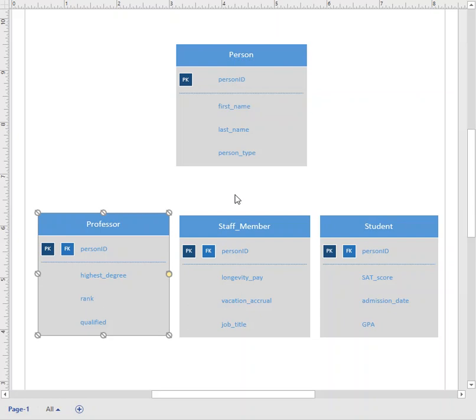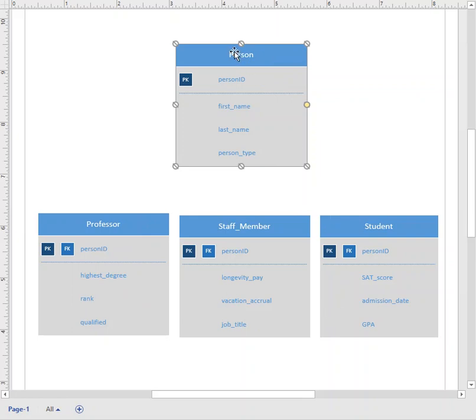And one other thing I want to point out before we end this video is the concept of inheritance. Any relationship that person exists with in the database, these three subtypes automatically inherit that.